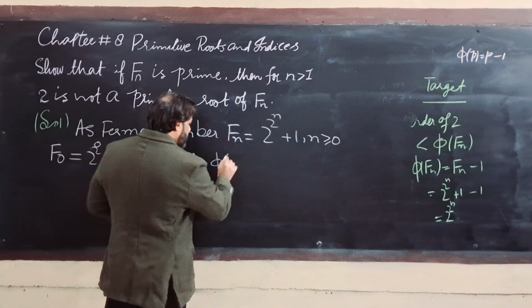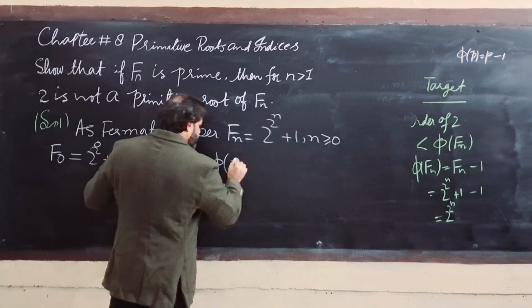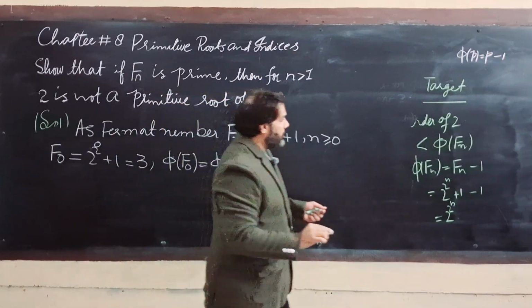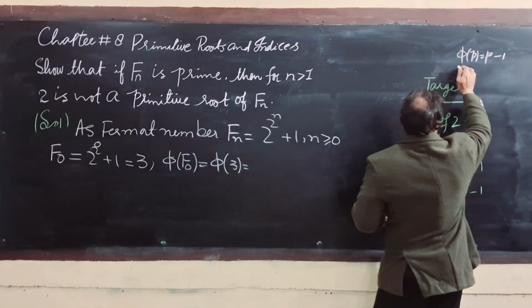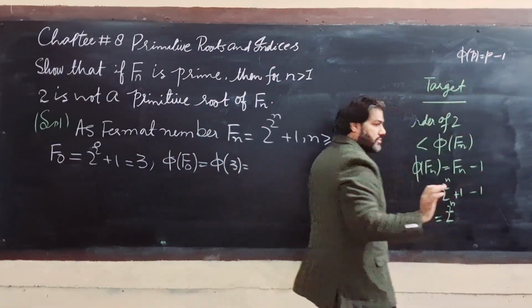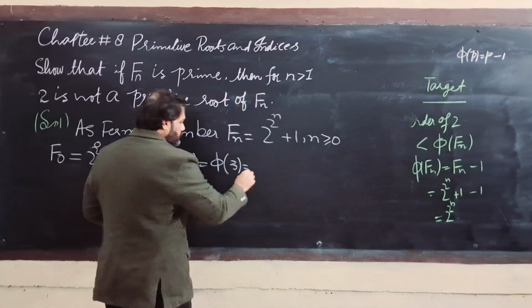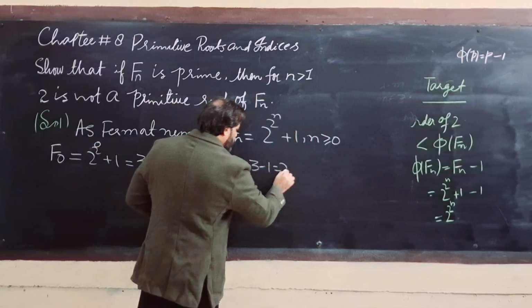What is F0? F0 is 3. Here we can use the formula: the value of phi at any prime p is p minus 1. This is a very simple formula. So this becomes 3 minus 1, which is equal to 2.